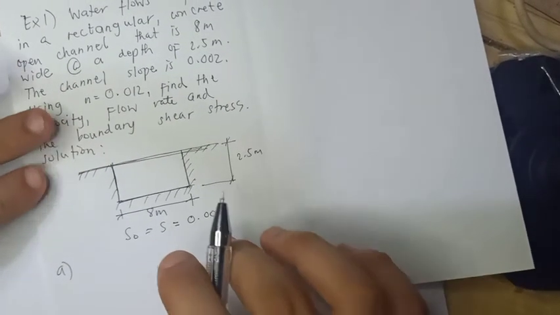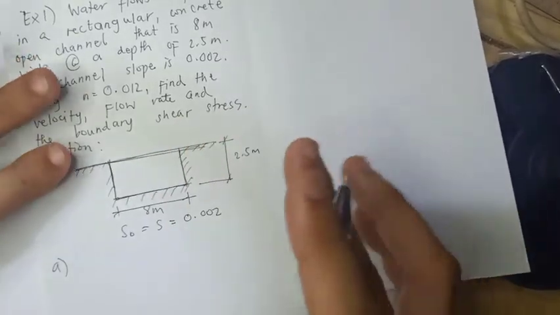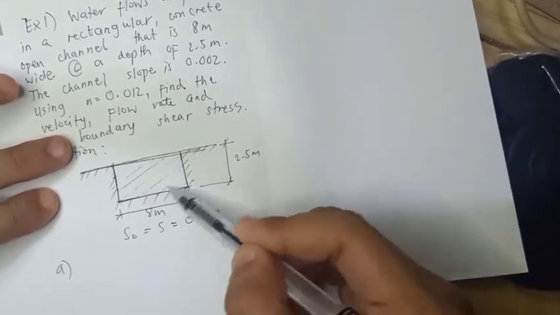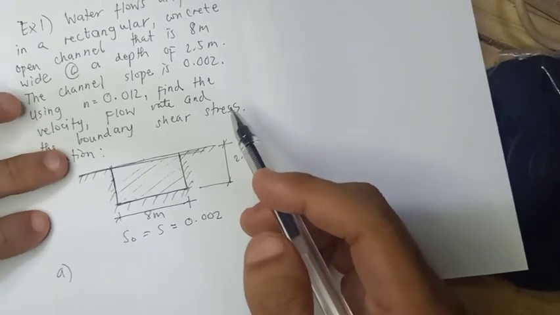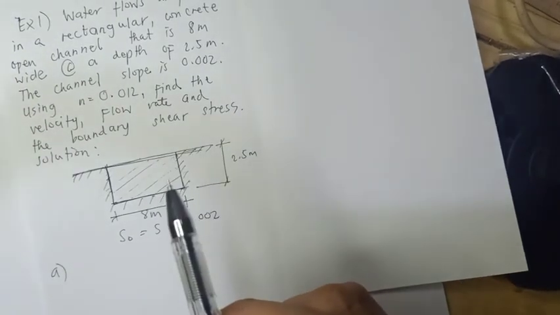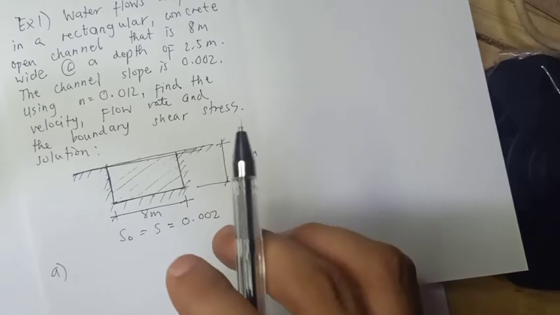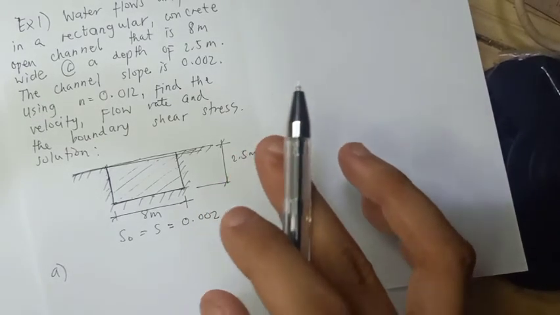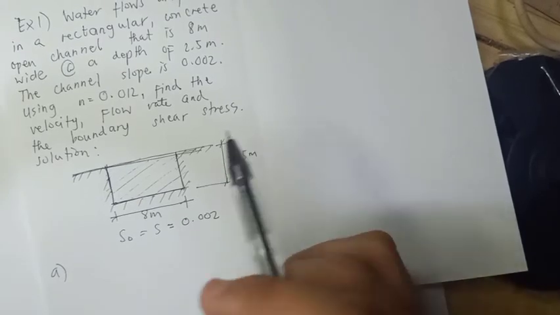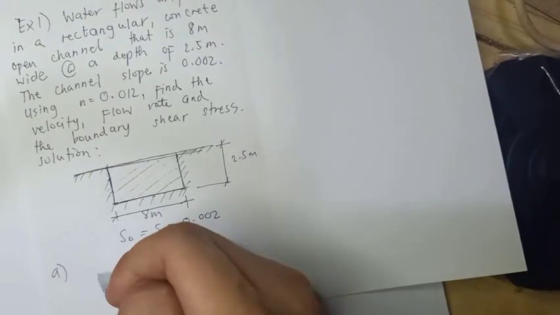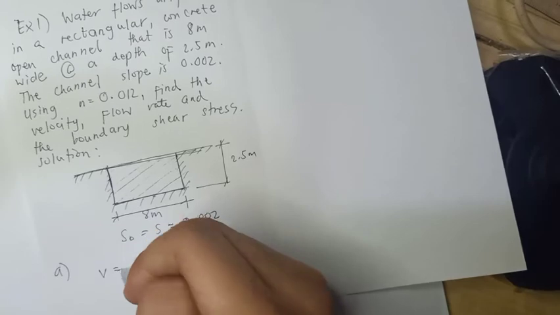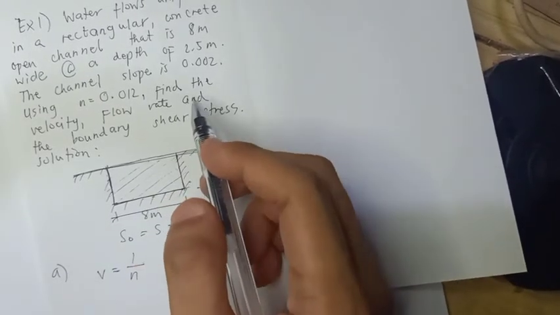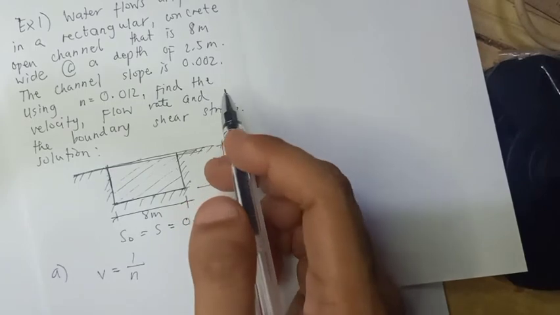For the velocity, as we can observe, for example, it is full. The only thing we can think of is that it has an S, and we can solve the area of it as well as the perimeter. So, stick to this: V equals 1 over n. It has roughness, so we will use the Manning formula.